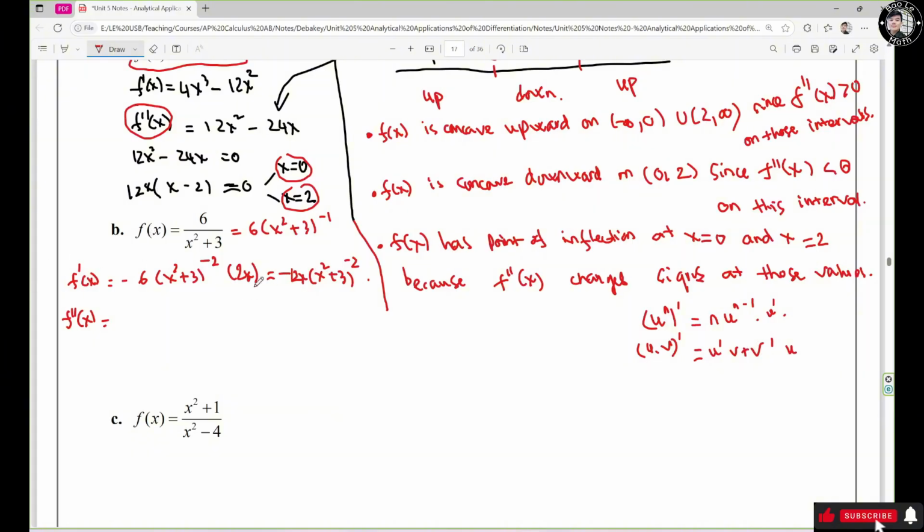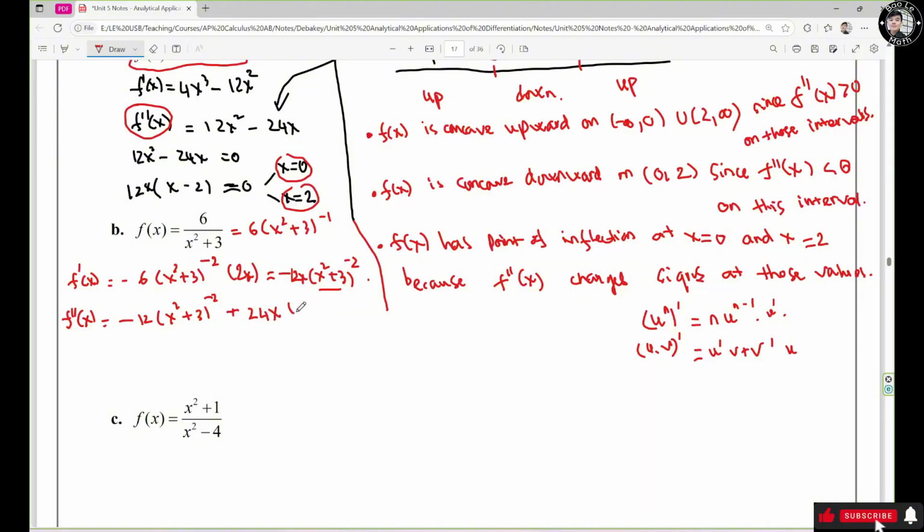So this guy turns out to be negative 12 times (s squared plus 3) raised to the negative 2, plus v prime is going to be negative 2 to the front, right? Negative 2 and negative 12s becomes 24s, right?